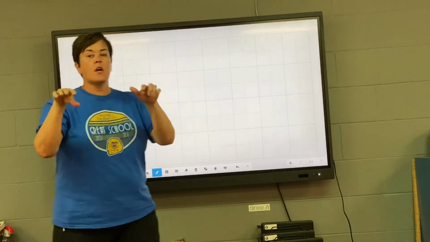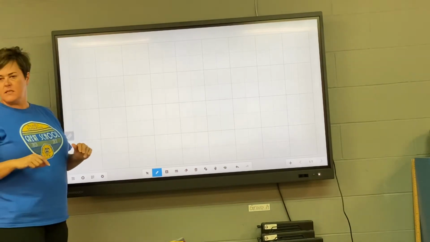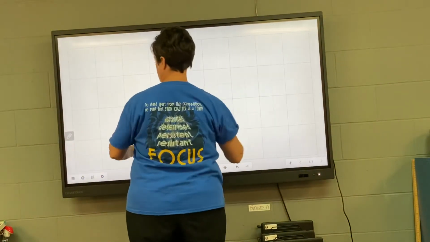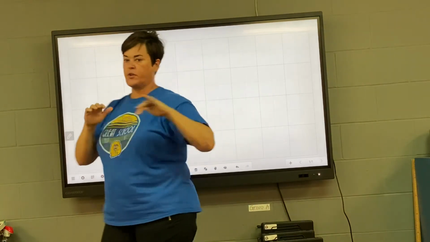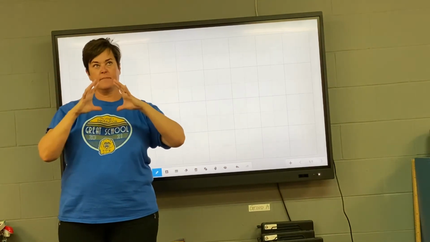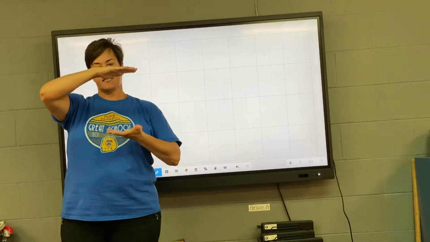Here's what you're going to do. So if this is my whiteboard, turn yours this way so that it's more like the hamburger, or sorry, the hot dog. Hot dog, kind of long and skinny this way.